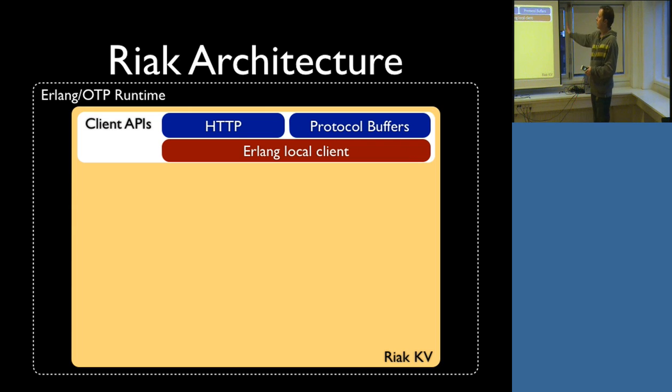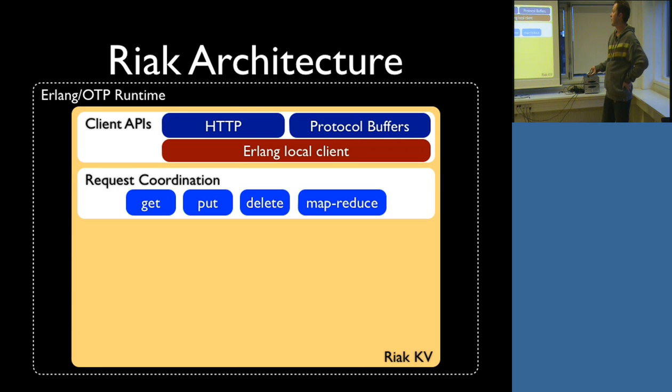So Riak's written in Erlang. There's 2 client APIs, HTTP and protocol buffers. The Erlang VM is really cool because it allows us to model concurrent activities as actually concurrent processes. If you're writing in Java, you're probably not going to write a scalable web server by spawning a new thread for every request when the request comes in.